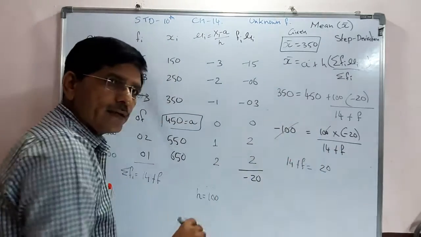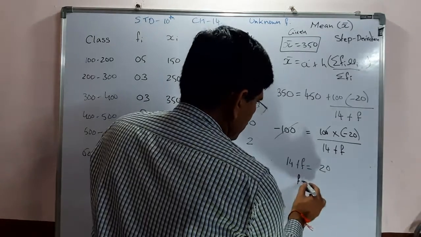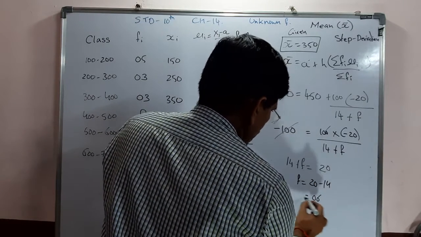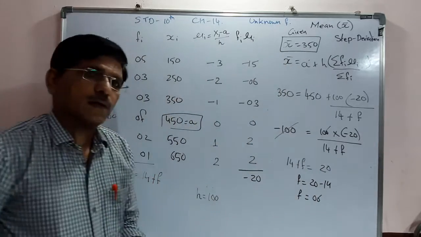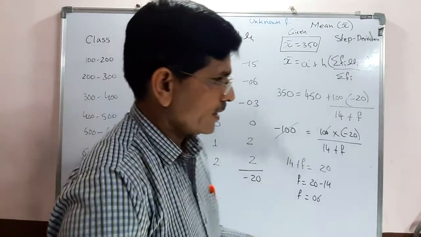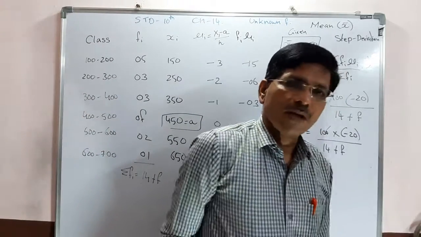Both sides the negative sign cuts. So f is equal to 20 minus 14, that is 6. So f is 6. Two sums related to the unknown frequency are completed.